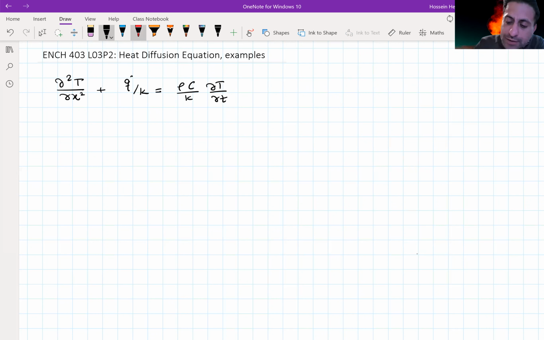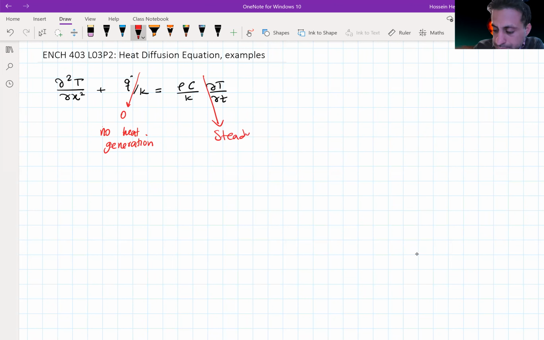Now, when we don't have any heat generation in the system, this term is going to be 0. Within the medium we studied, for heat conduction at steady state, there is no change in time.